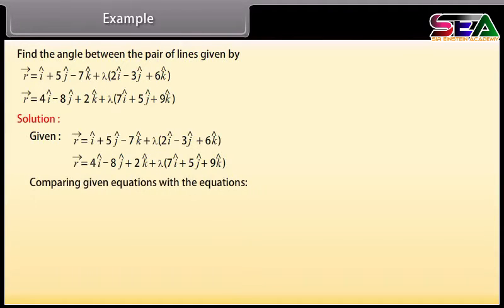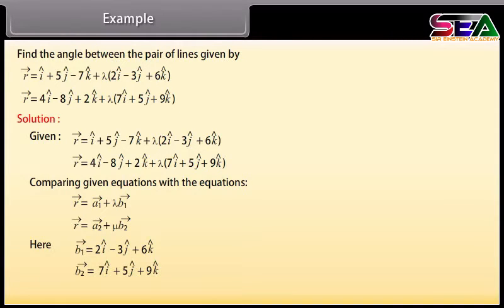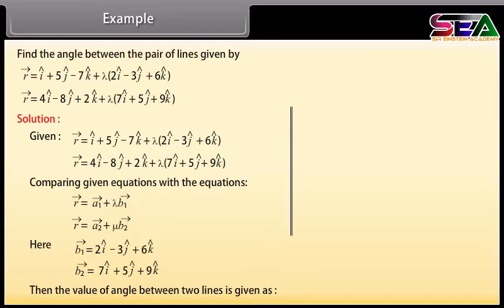Comparing the given equations with vector r equals vector a1 plus lambda vector b1 and vector r equals vector a2 plus mu vector b2, here vector b1 equals 2i minus 3j plus 6k and vector b2 is equal to 7i plus 5j plus 9k. Then the angle between the two lines is given as cos theta equals modulus of vector b1 dot vector b2 by modulus of vector b1 into modulus of vector b2.